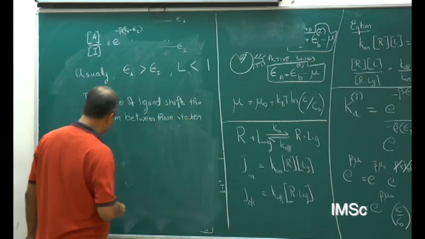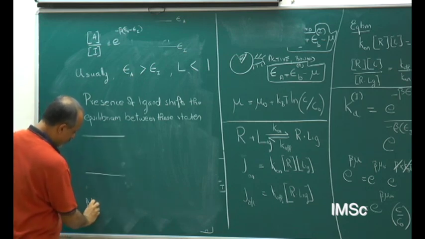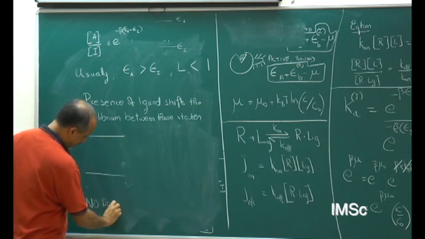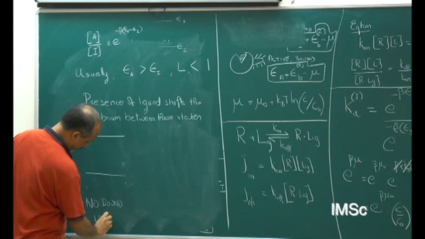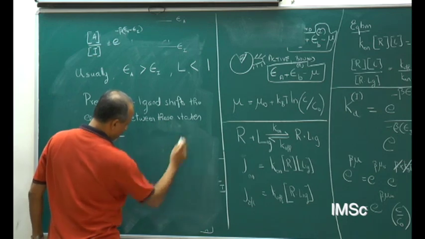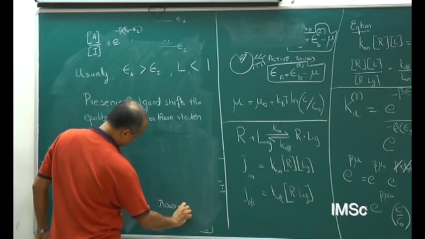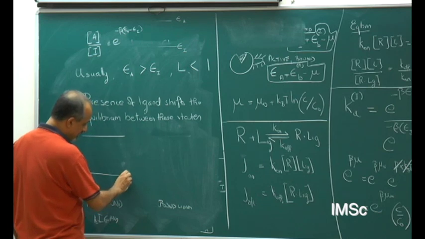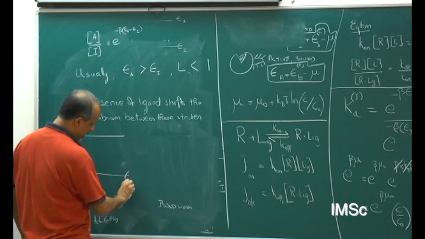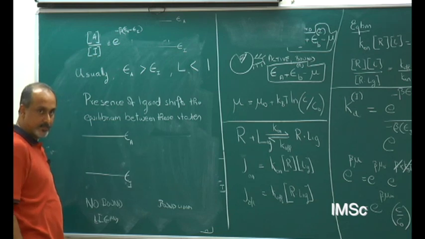The slightly pictorial way of saying this is the sort of case where there is no bound ligand. And here is a case where there is a bound ligand. So this might be energy of the inactive state, and this would be the energy of the active state.